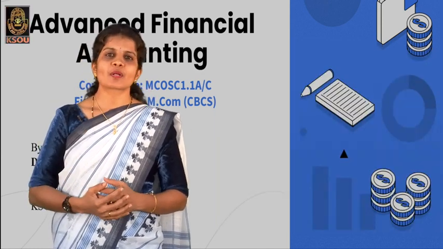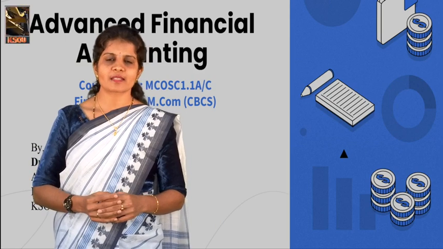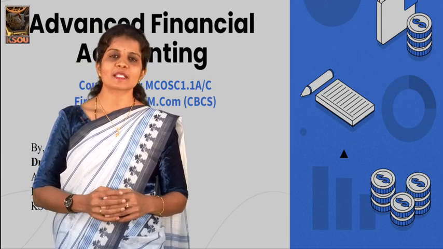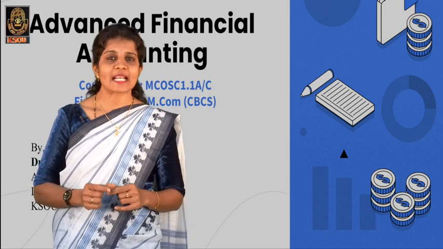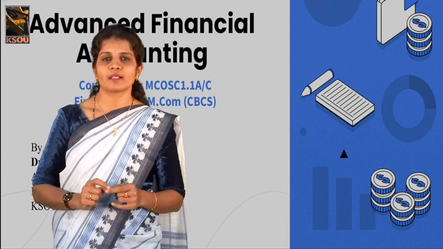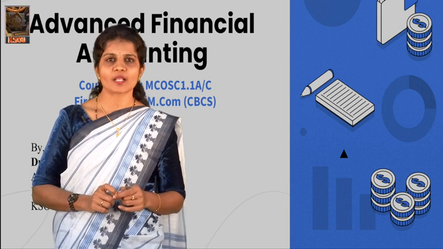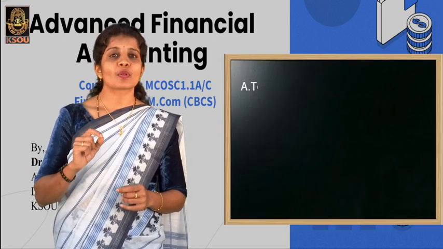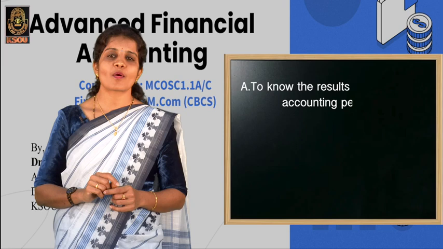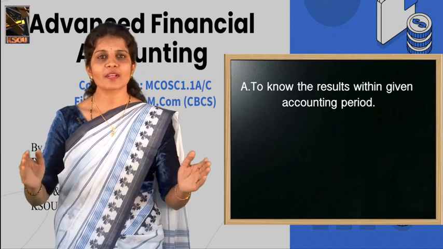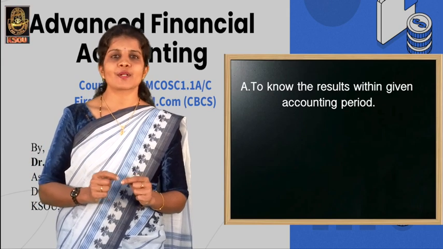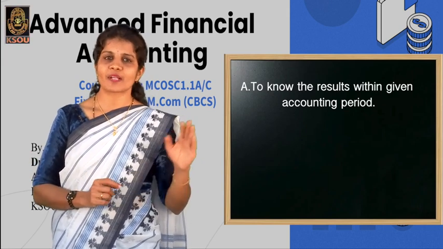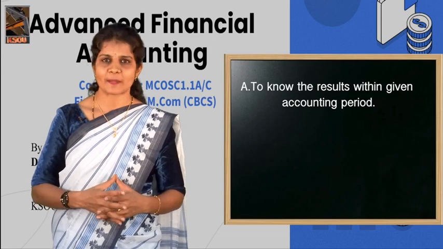Let us discuss the objectives of the statement of profit and loss. As I said, the main objective of the statement of profit and loss is to know the results of the company within the given accounting period. Say, for example, the accounting period or the financial year starts from 1st April and ends on 31st March, correct?